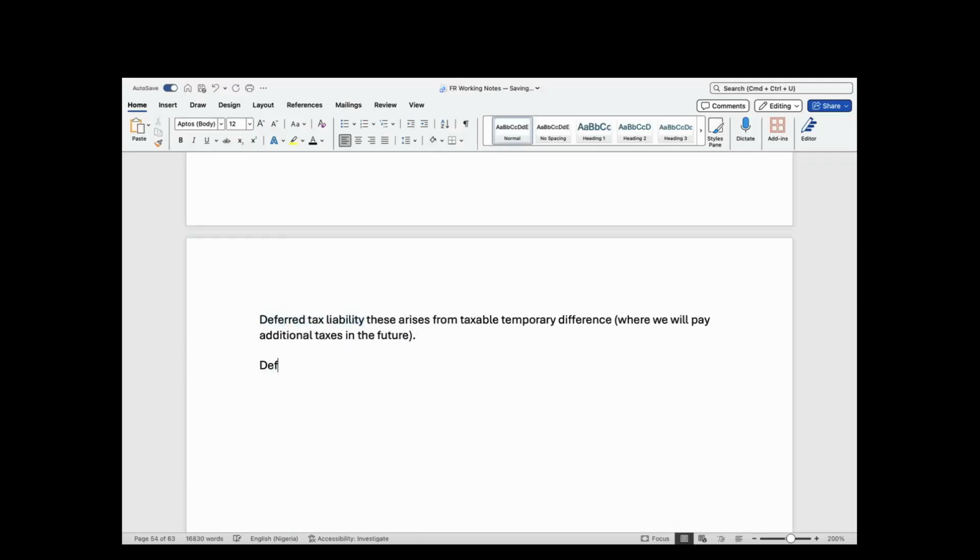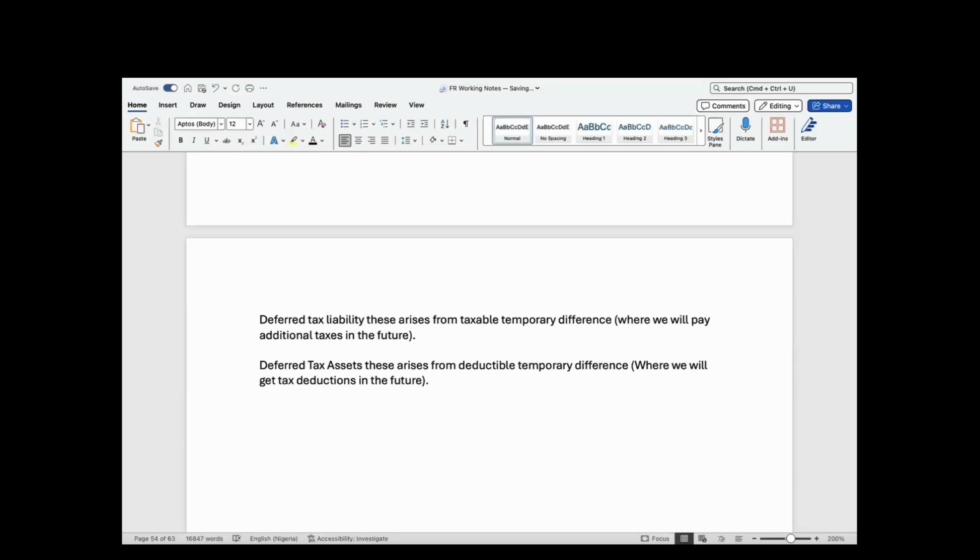On the flip side is deferred tax assets. And this arises from deductible temporary difference, where we will get tax deductions in the future. That's the simple language.